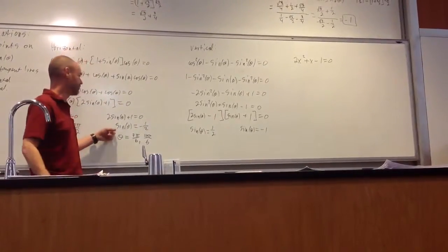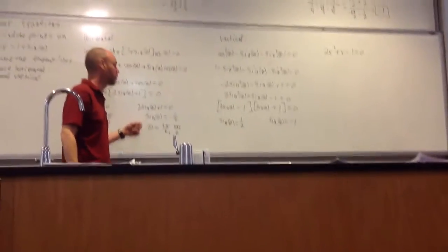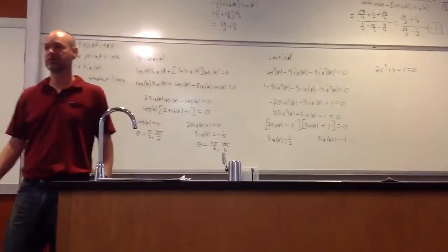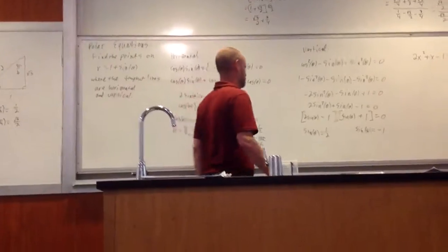So we already know the reference angle for sine is going to be pi over 6. What quadrants is sine positive in? 1 and 2, right? Where y is positive.